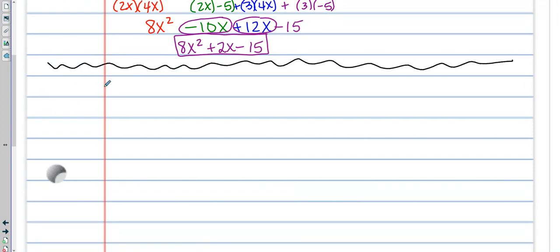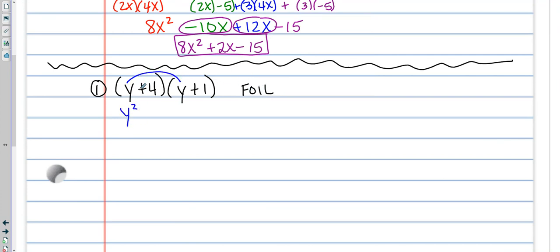Number 1, we have y plus 4 times y plus 1. Let's say if I were to do the FOIL method, then the first one would be y times y, the first, and we end up with y squared.